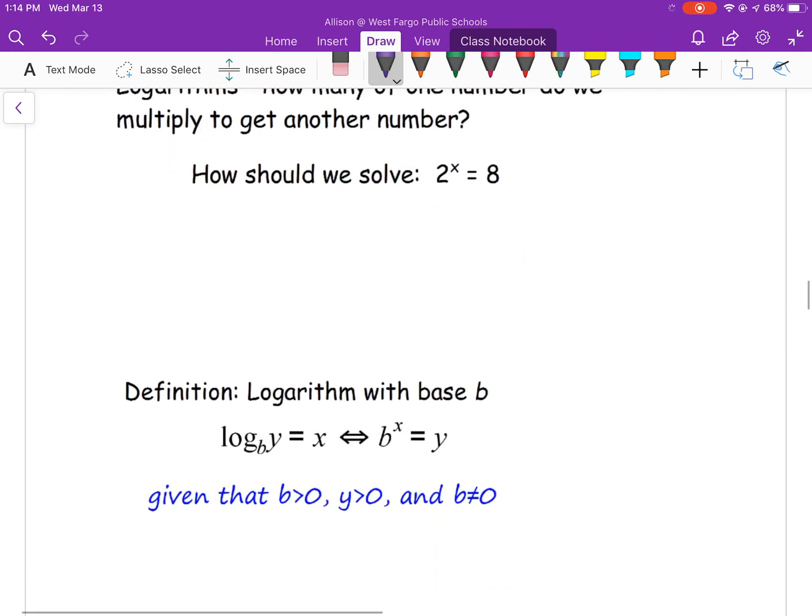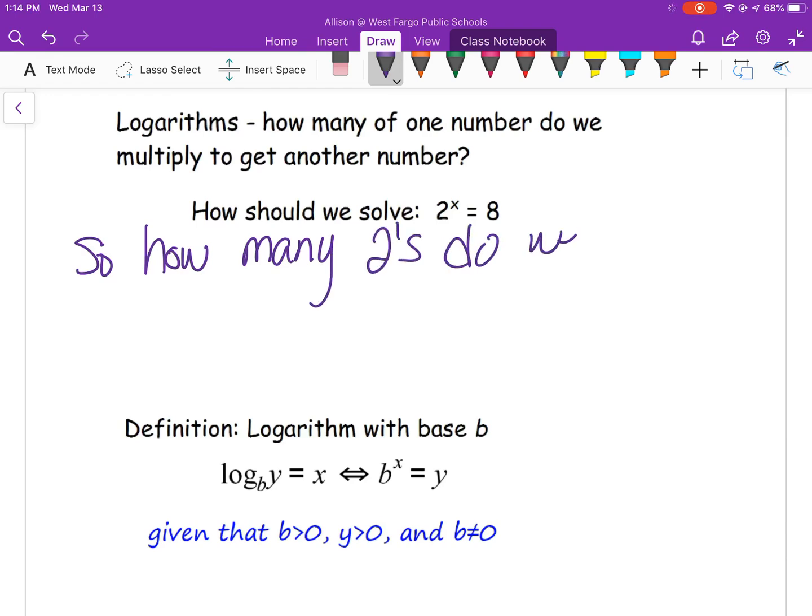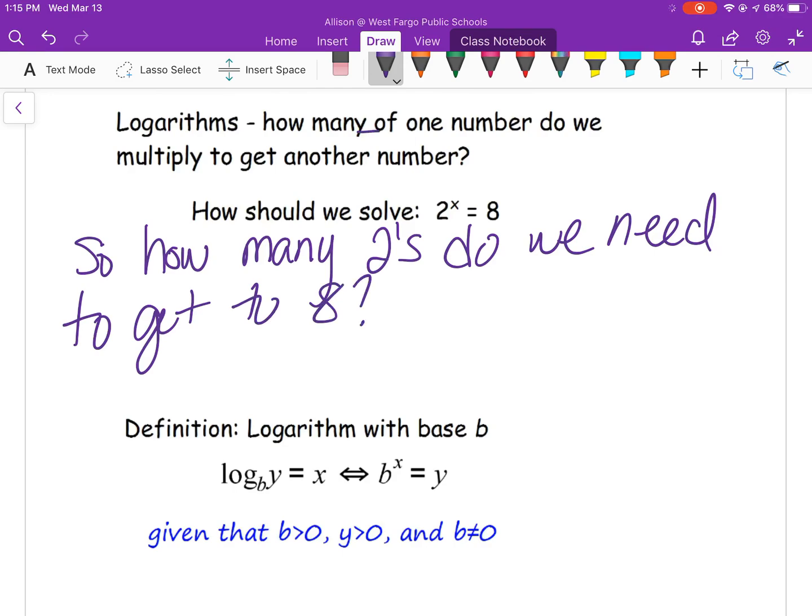A logarithm is defined to be how many of one number we need to multiply to get to another number. So 2 to the x equals 8. Basically, this says, how many 2's do we need to get to 8?